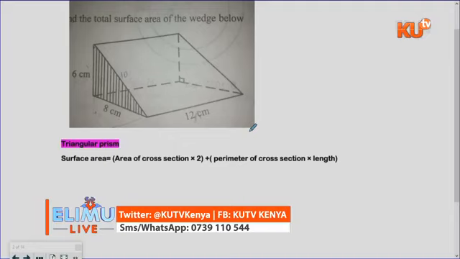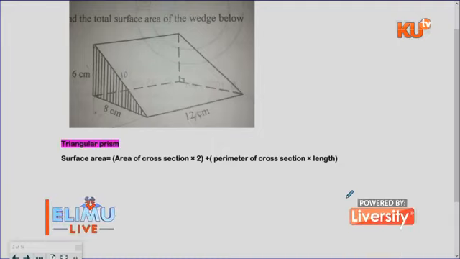To find the surface area, we are going to find the area of the cross section times 2. The reason why we are multiplying by 2 is because we have two triangles. We have this one here, and there's also this one here. So we are going to find the area of the triangle, because that is the cross section.